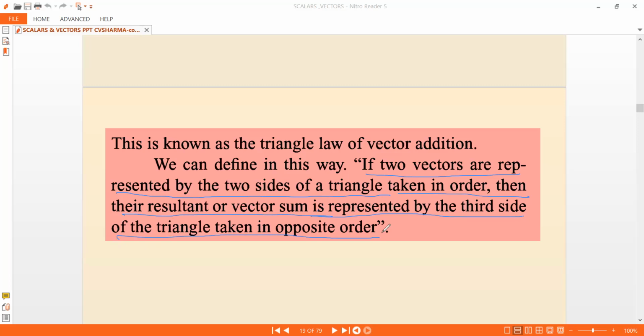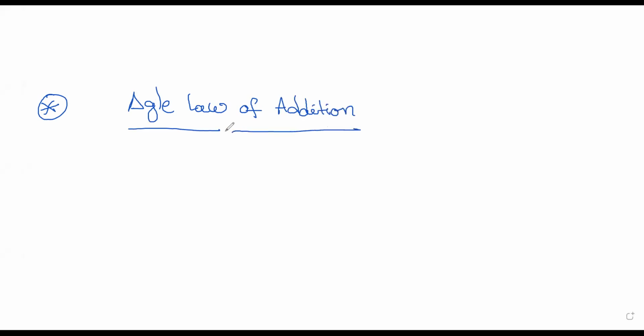Now let us understand this. What is the understanding we need to have? If you want to apply the triangle law of addition, what are the basic points you have to look at?